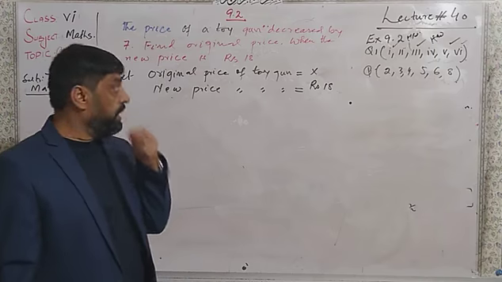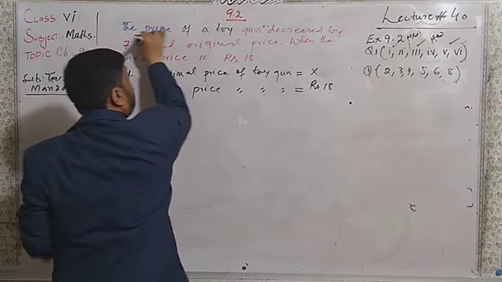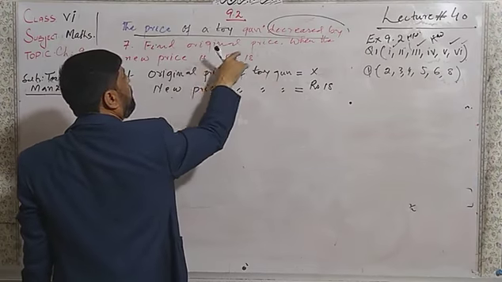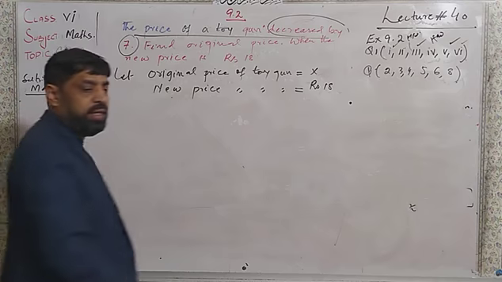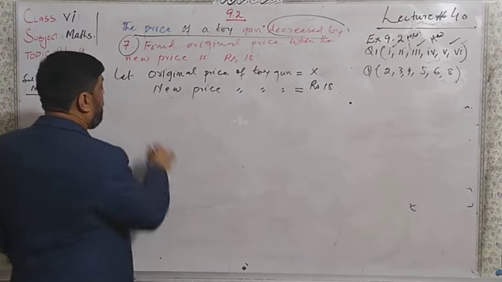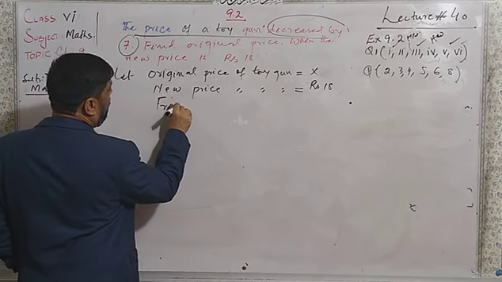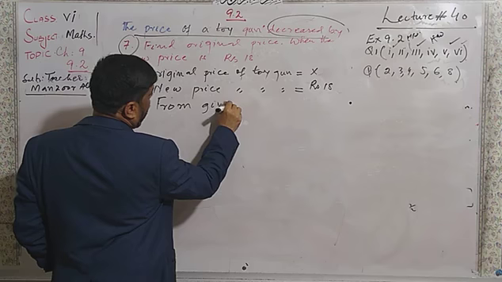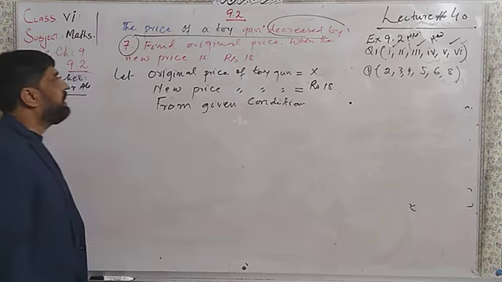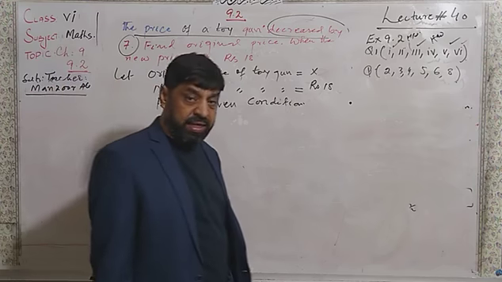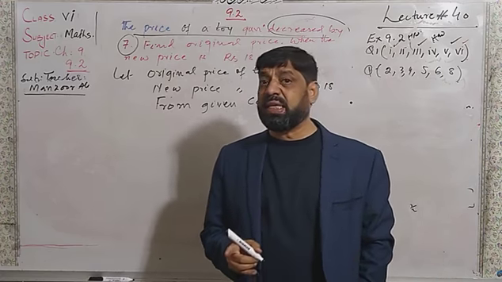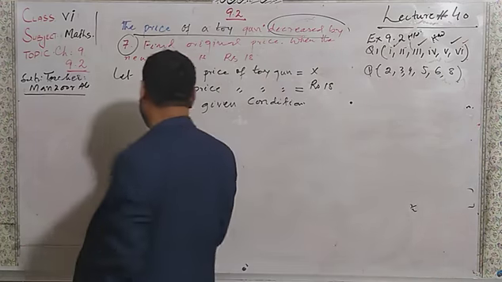Now according to the condition, the price of a toy gun is decreased by 7. Decreased by means minus.